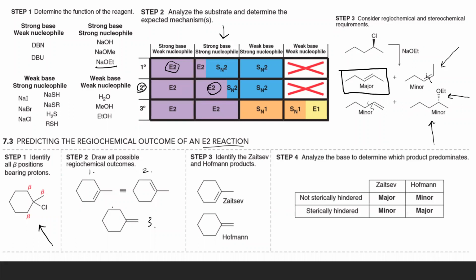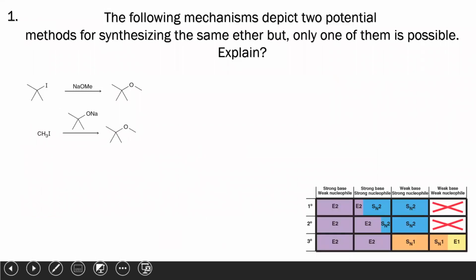So in some cases, synthetically, you will want to produce this Hofmann product in order to have a good starting material to undergo other addition type reactions. And so it might be important to produce a Hofmann product versus your Zaitsev product for synthetic purposes. And this chart down here gives you a nice overview of that topic. So let's go through some practice problems.